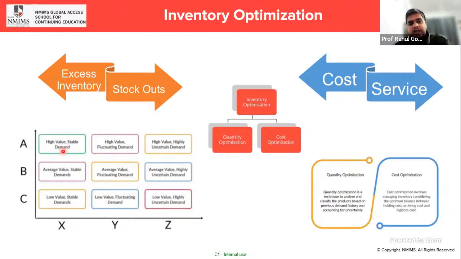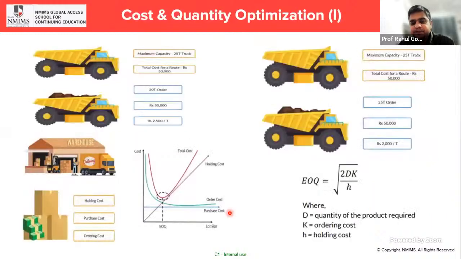For example, in A class itself, you have three types of SKUs: pretty stable, fluctuating demand, and highly uncertain demand. So what is going to be the service level offering within the same A class set of SKUs? All of these decisions will be taken by the inventory manager and inventory analyst.